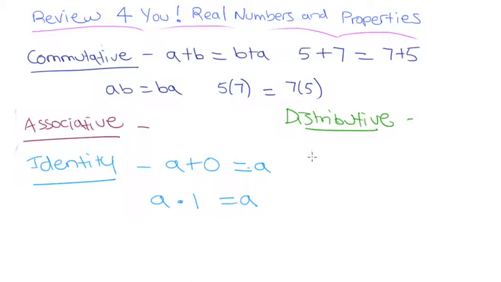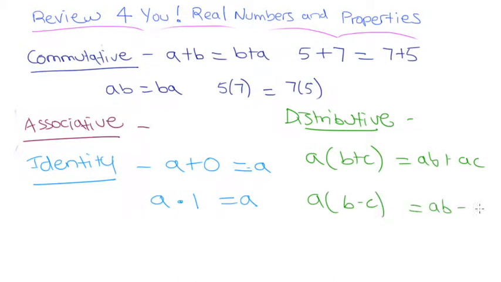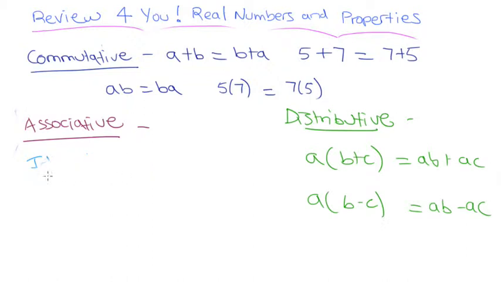If you get A times the quantity B plus C, that's the same thing as AB plus AC. Also for subtraction, A times the quantity B minus C, you will get AB minus AC. And trust me, it will work. I don't have enough time for this, but you can test it out on your own. I'll leave it up here for a while and you can test it out. Pause the video and test it out.